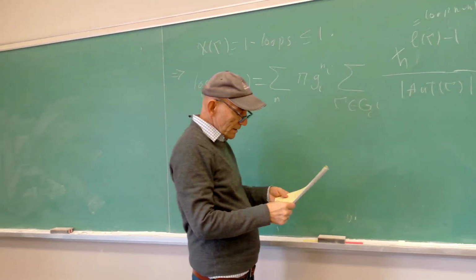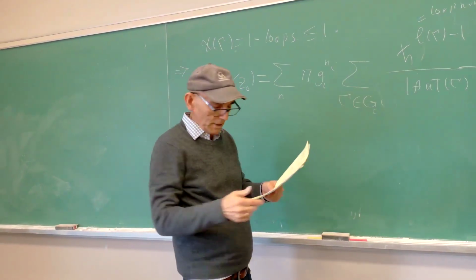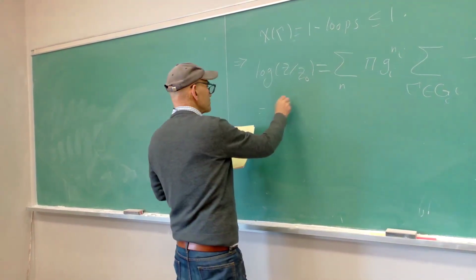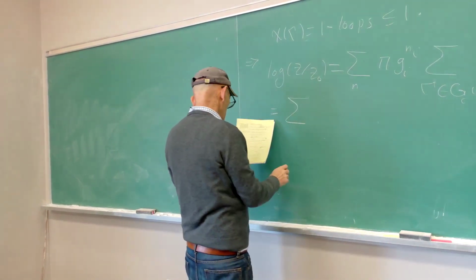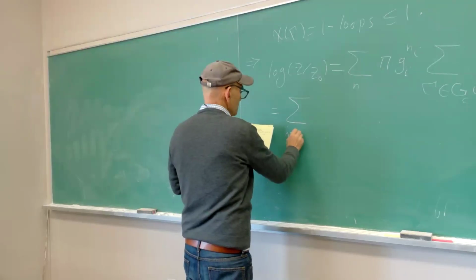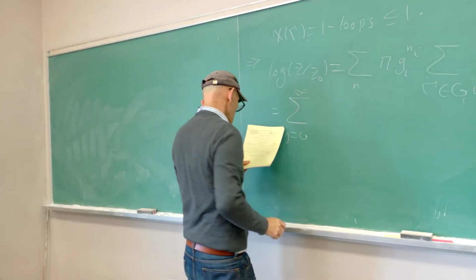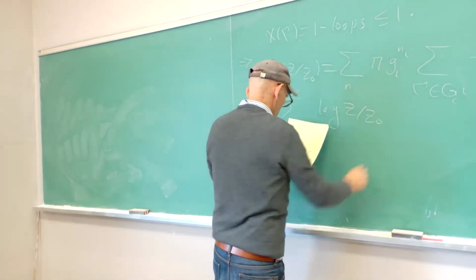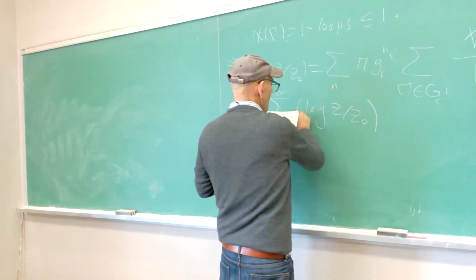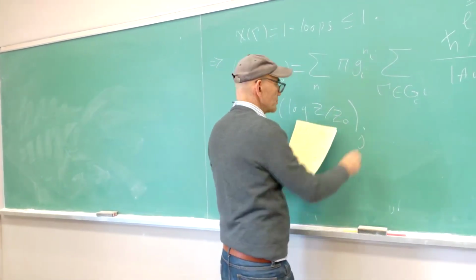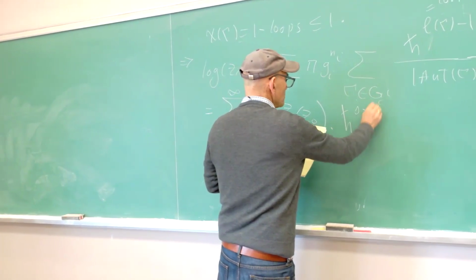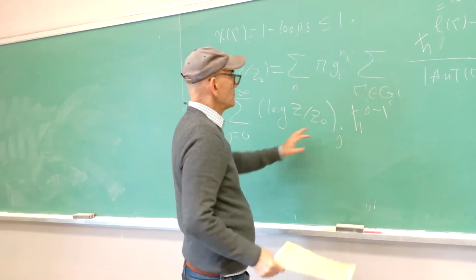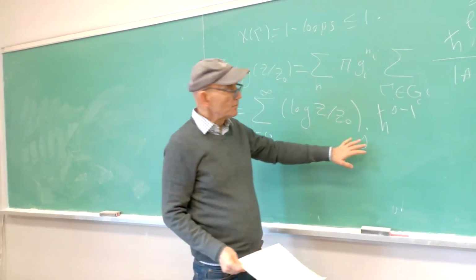Okay, so now we can write it in terms of loop expansion. This is equal to the sum over j from 0 up to infinity of log(Z/Z0) to the j, times h bar to the power of j minus 1.